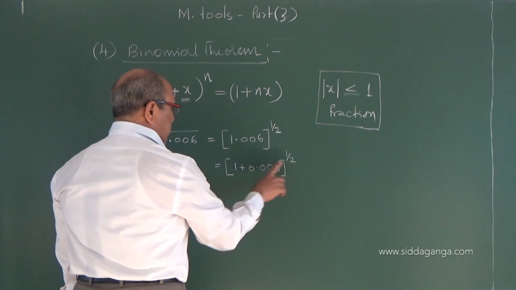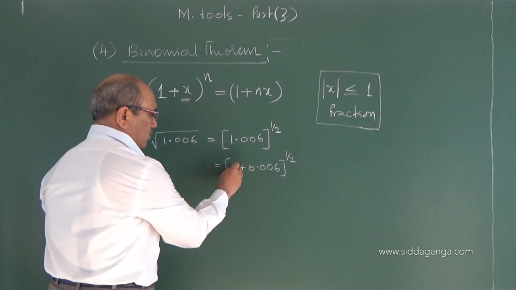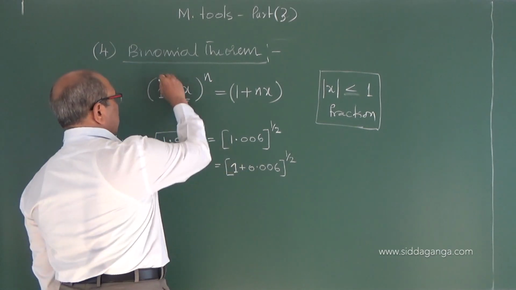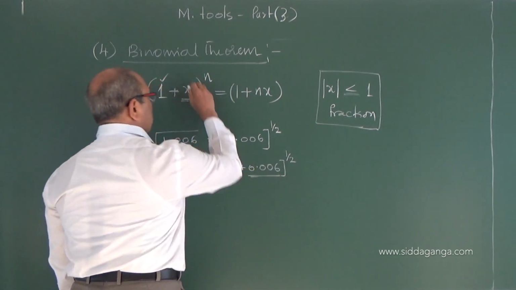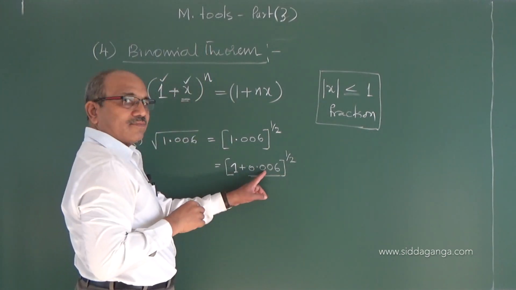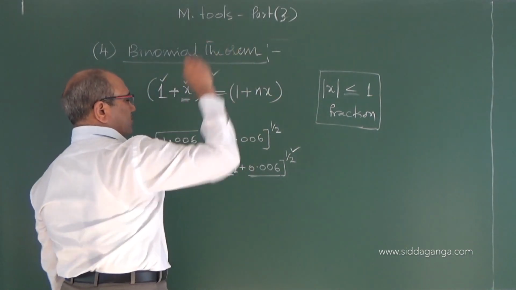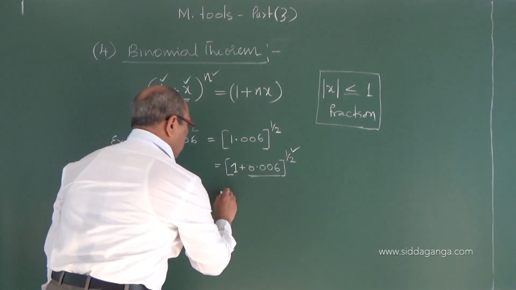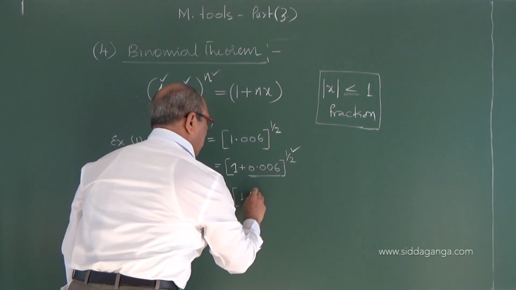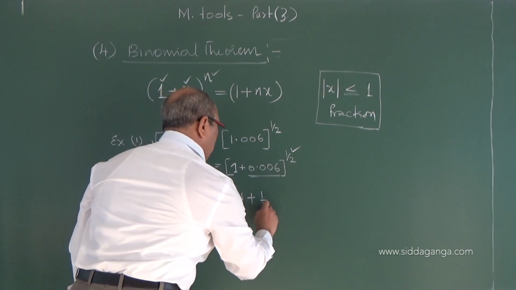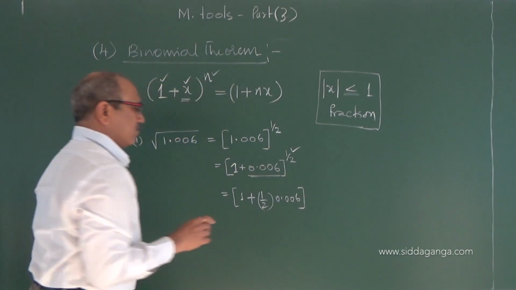Now this is in the form of (1 plus x) to the power n. Here we have 1, similar to this. In place of x we have 0.006, which is a fraction, where n is half. And now I can write this as per the solution, 1 plus n, which is half, into 0.006.